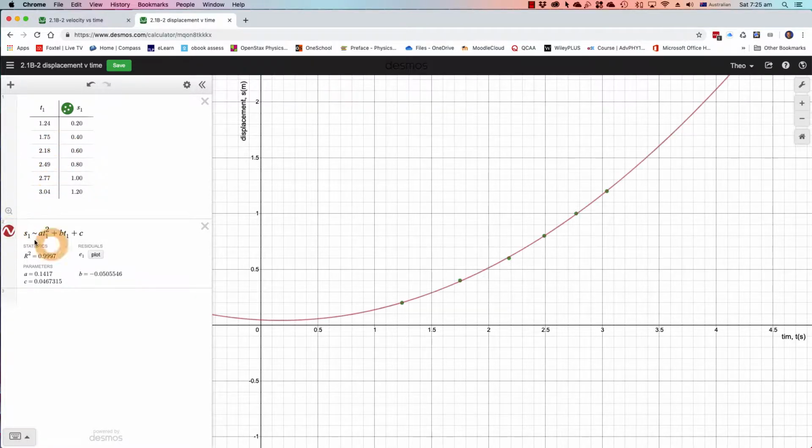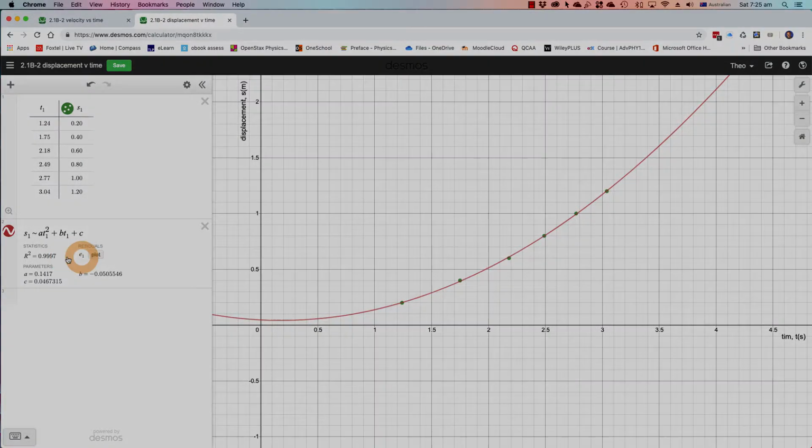If I check on that now, you can see it's quite a good quadratic fit with an r-squared value of 0.9997, which is 99.97% accurate. Not much error in those points at all, so good job.